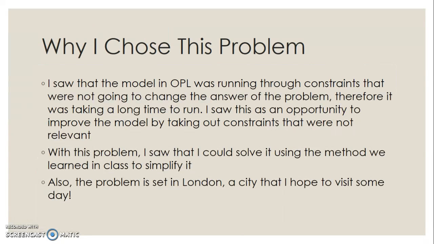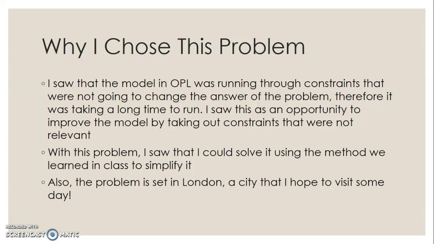I chose this problem because as I was thinking through it, I realized that once an assignment is made and every department is assigned to a city, there are going to be a bunch of cost constraints that aren't actually used. I looked in the code, and the original code had a bunch of constraints that are useless, that aren't ever used, and just end up making the code run for longer.